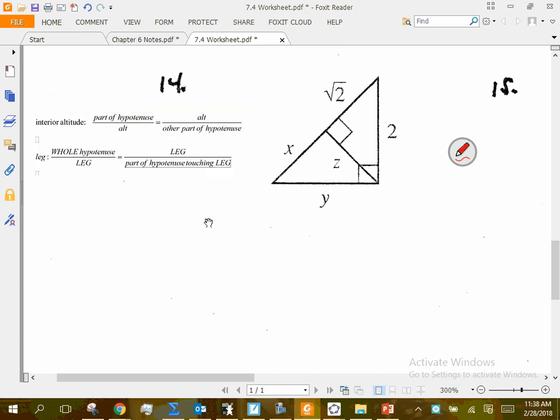All right, so if we look at 14, let's just set up a proportion for y. Because y is a leg, correct? So I should put the whole hypotenuse here. What should go here then if I had the whole hypotenuse? X plus radical 2 and then radical 2?